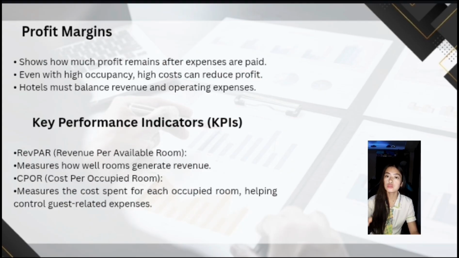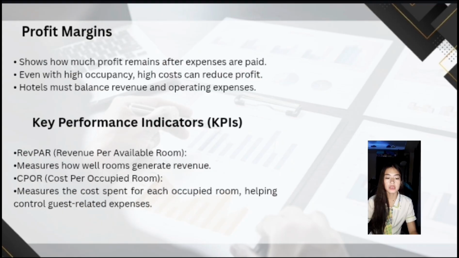Hotels need to balance the revenue and the operating expenses in their organization. So, an example of the profit margins: a hotel earned 500,000 in room revenue for the month.